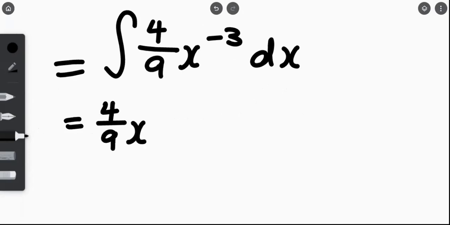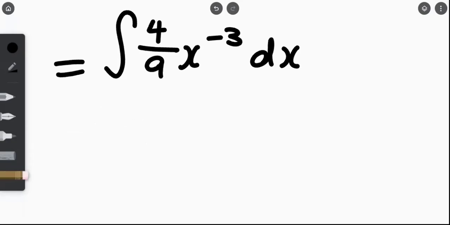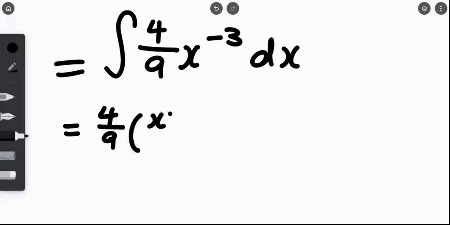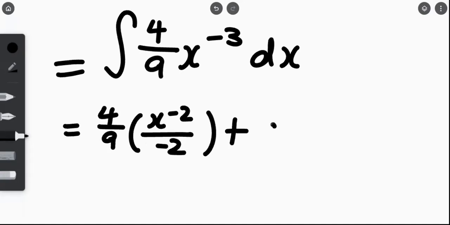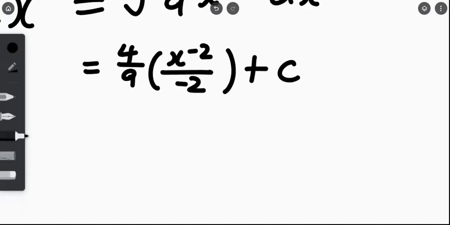It will be something like this. So it will be 4 over 9. And if you all recognize it, this is just a power function only. Okay, plus C. So this is not complete. Please make sure you simplify. When you simplify, it will first come out to be like that.